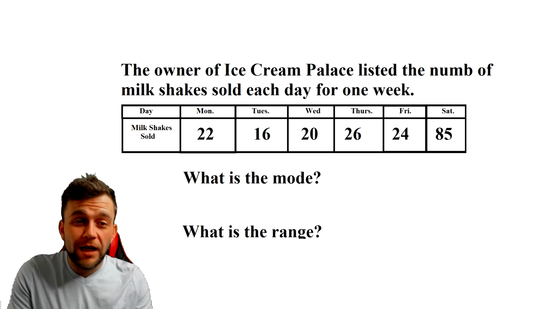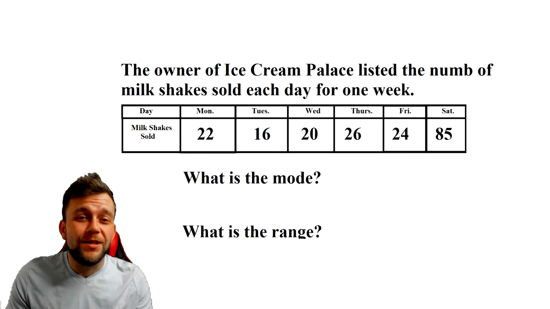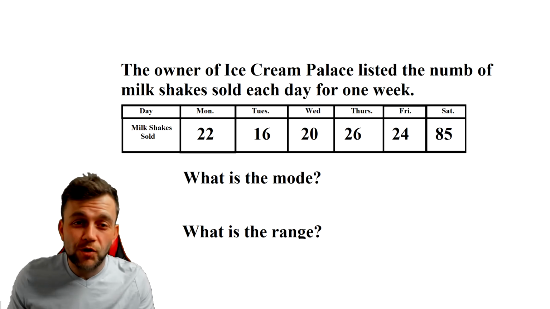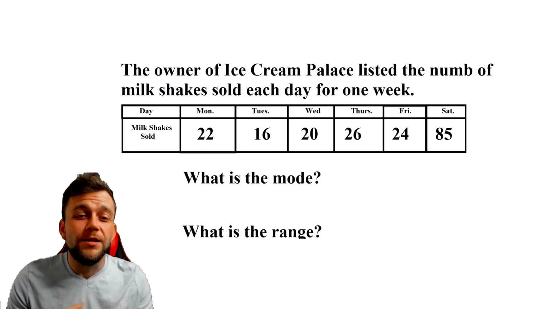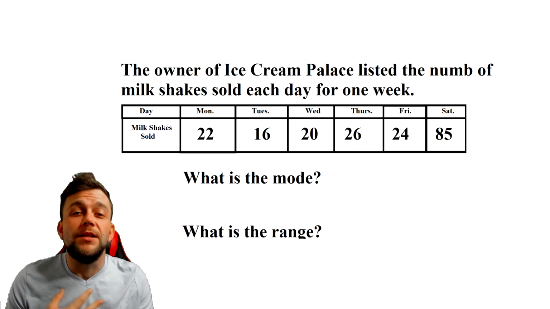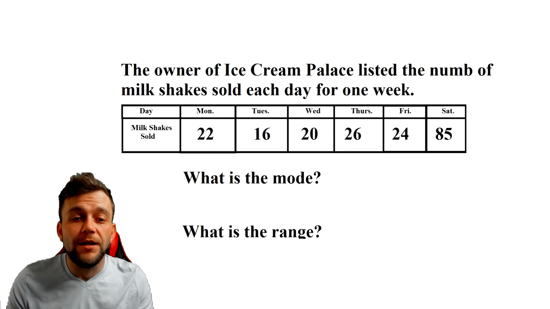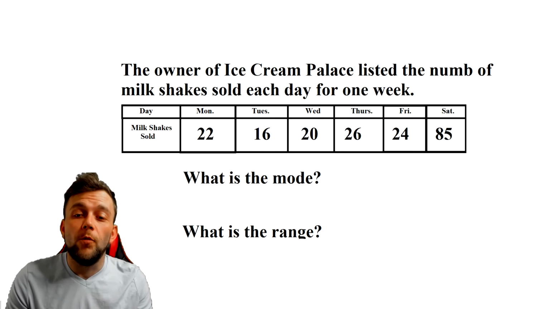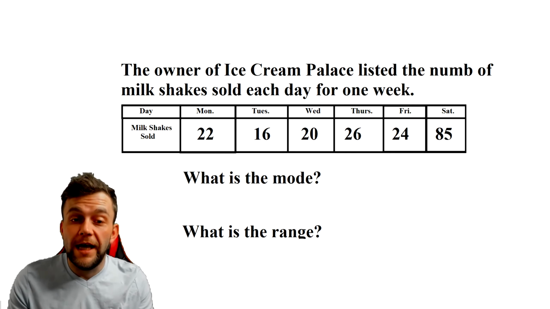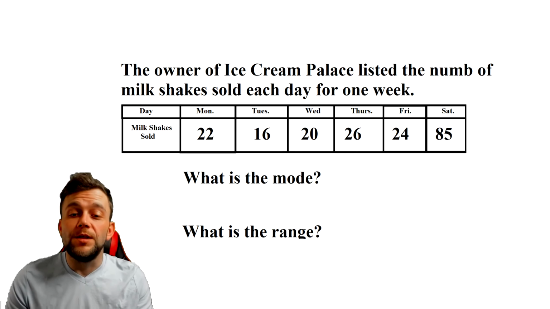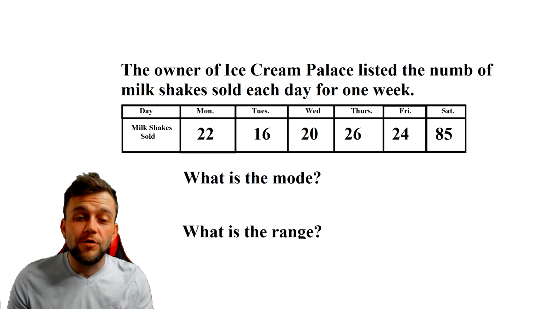Here we have another table, and like I said, the GED likes to give you tons of tables that you have to extract information from. So let's read the title of this. The owner of Ice Cream Palace listed the number of milkshakes sold each day for 1 week. We're given a set of data, and we're asked what is the mode and what is the range.